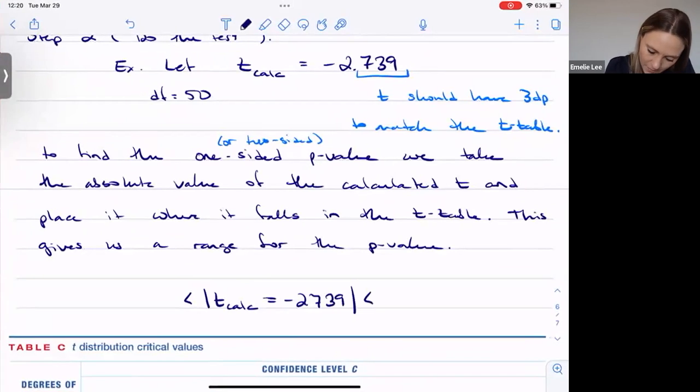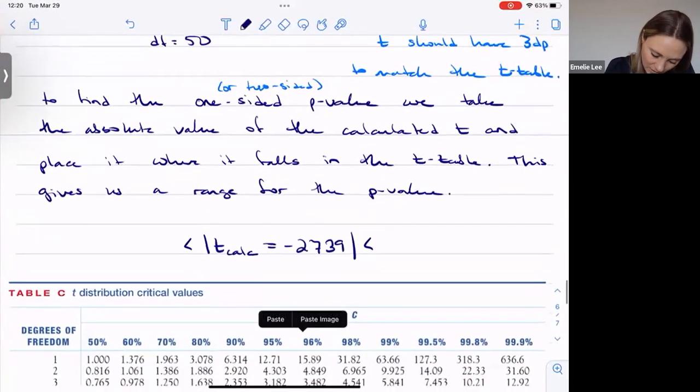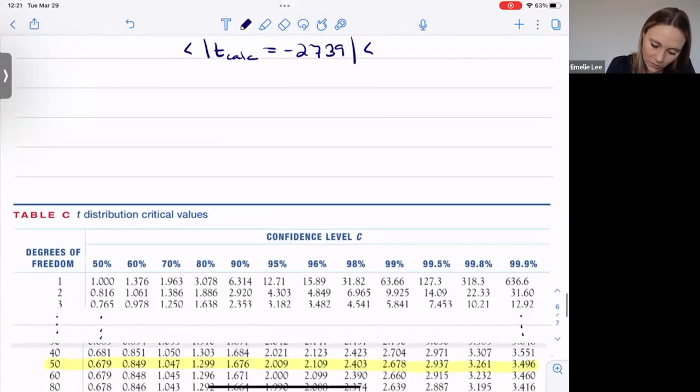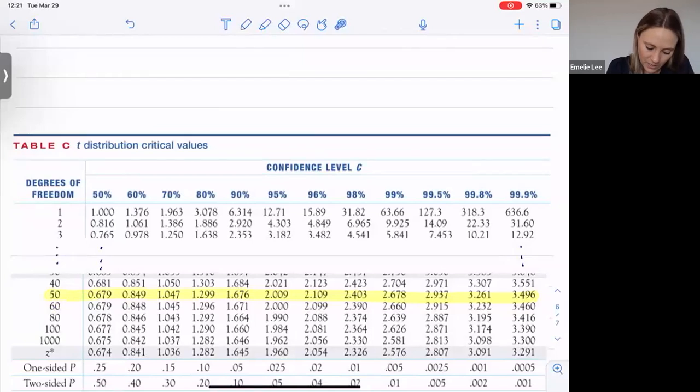I know I'm all out of time, but I just want to wrap up this one idea. Okay, so 2.739. Once I take the absolute value, then I try to place it somewhere here. 2.739 would be somewhere around here, right?